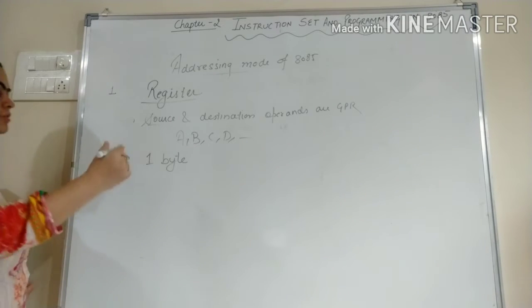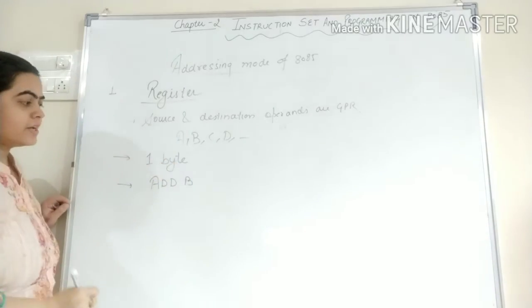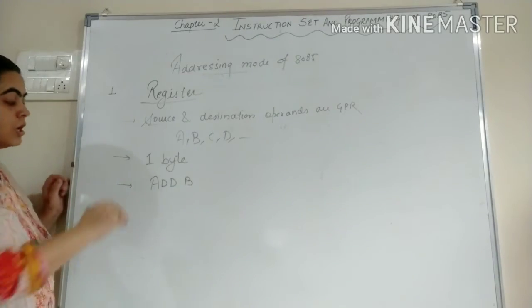Next, for example, we have ADD B. You can see here the source as well as the destination are general purpose registers.